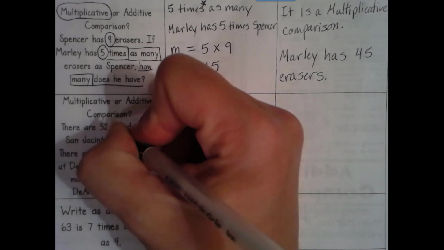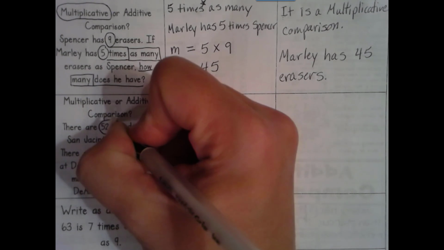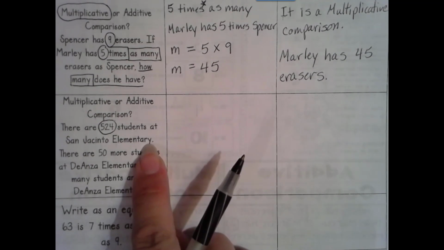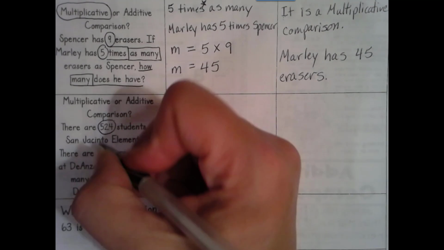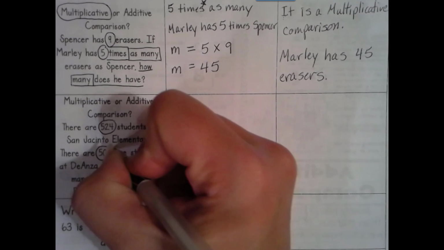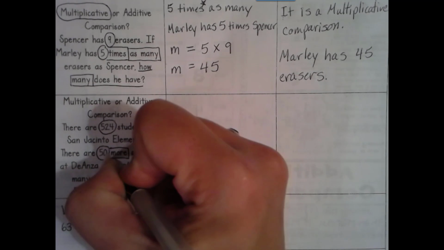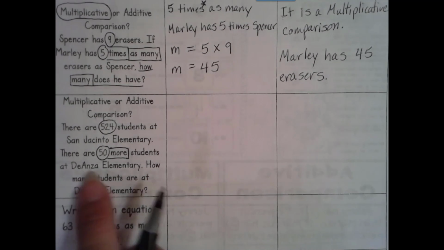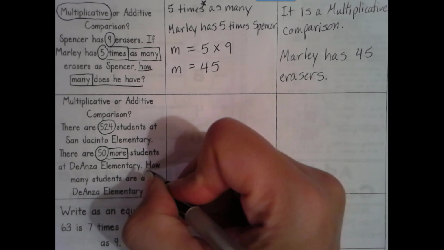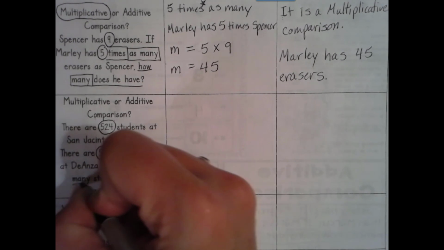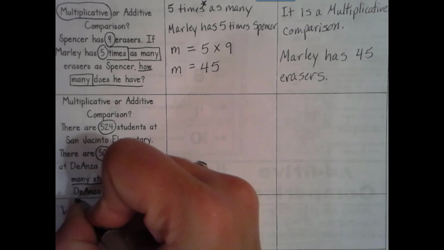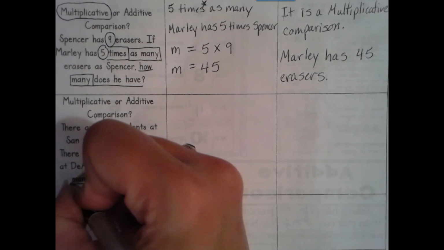There are 524 students at San Jacinto Elementary. There are 50 more students at De Anza Elementary. How many students are at De Anza Elementary?